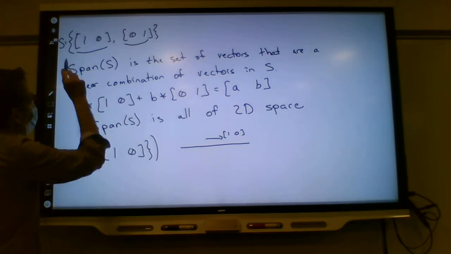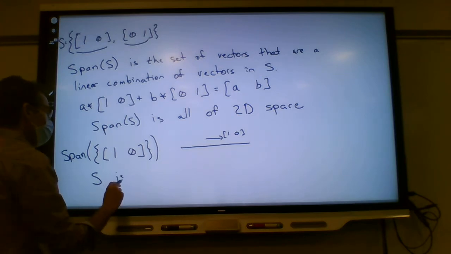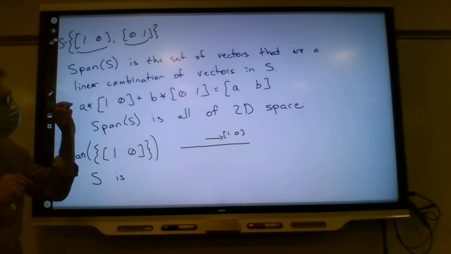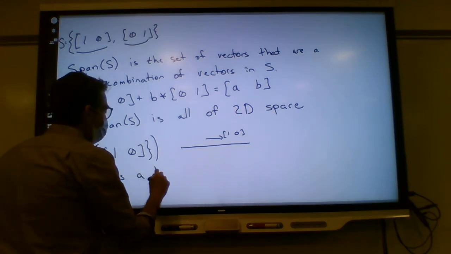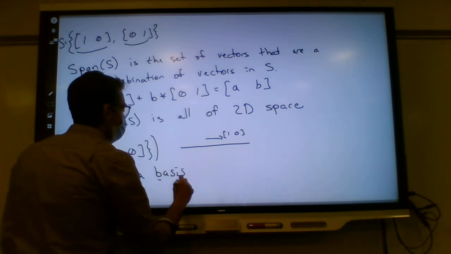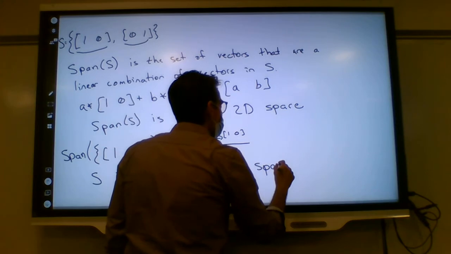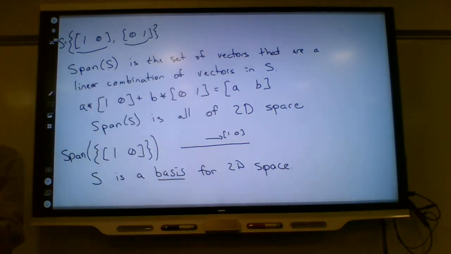And so we say that this original set S, there's a technical aspect we'll talk about in a minute, but we say that S is a basis for 2D space. What does a basis mean in this case? A basis means that you can build 2-dimensional space from these pieces.